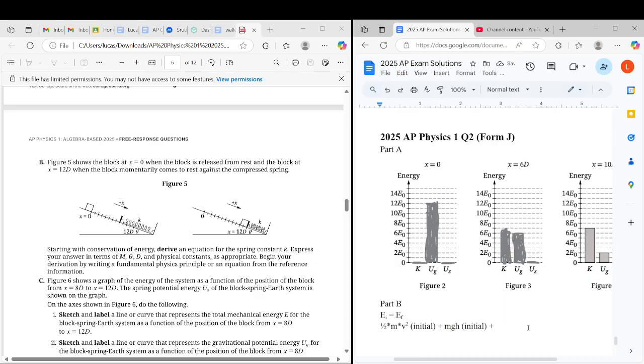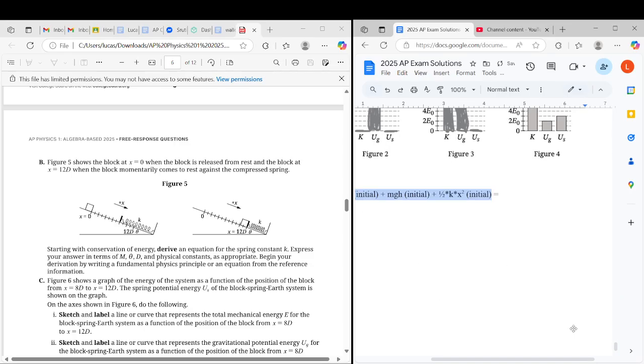and then we have spring potential energy, one half times k times x squared, and the spring is at its equilibrium, so we will set this to 0. We'll see this later. And then the same thing, but the final ones next.